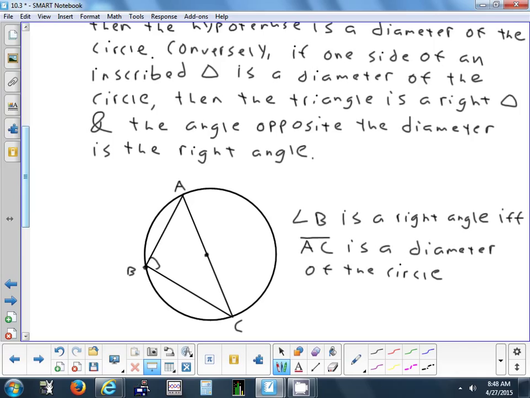You almost don't even need to know that theorem if you understand the idea that if you draw in an angle, the intercepted arc is twice as big as the inscribed angle. You can just automatically remember it from that. Or you can memorize this theorem.